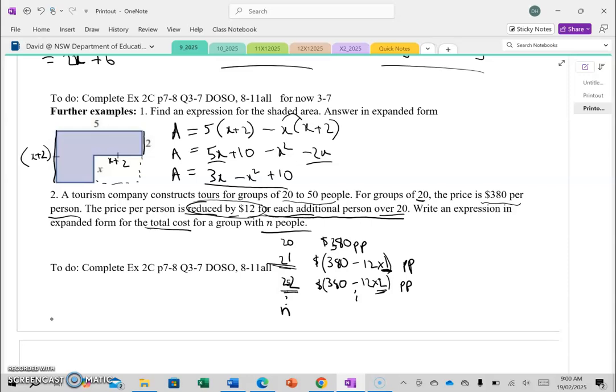So you have a 380, you've always got a minus 12, and then we multiply by whatever number of people take away 20. I want you to convince yourself that that's the cost per person.